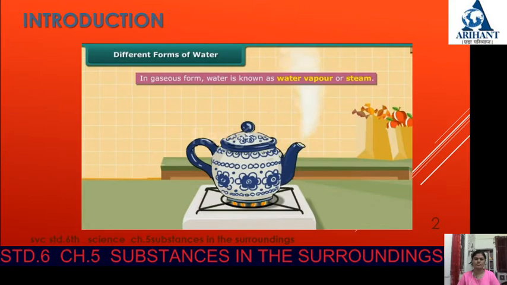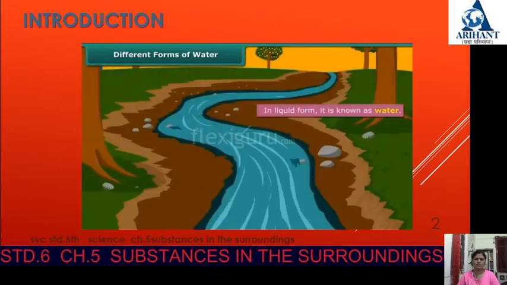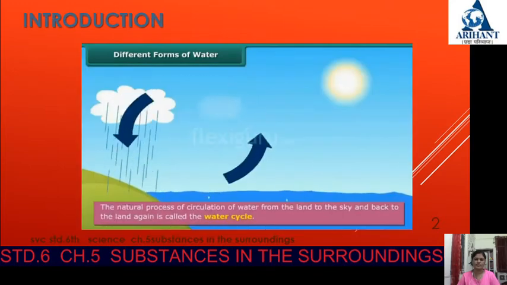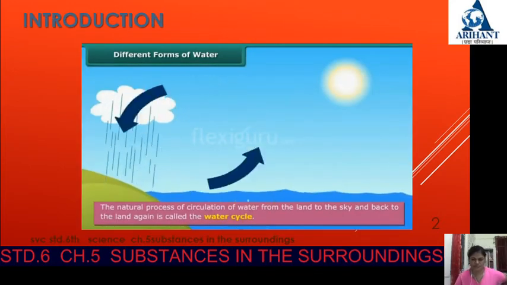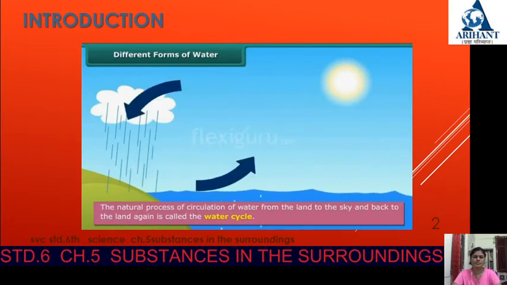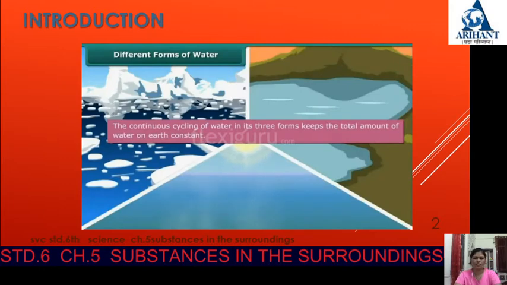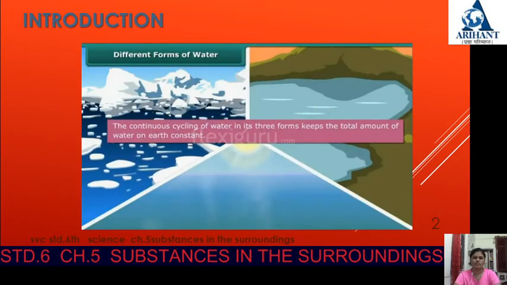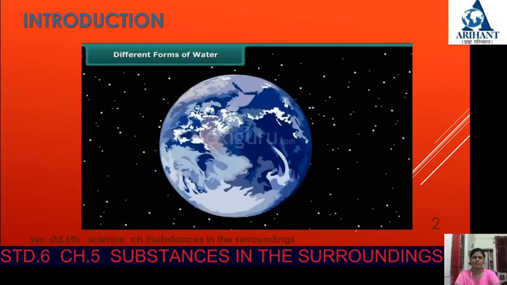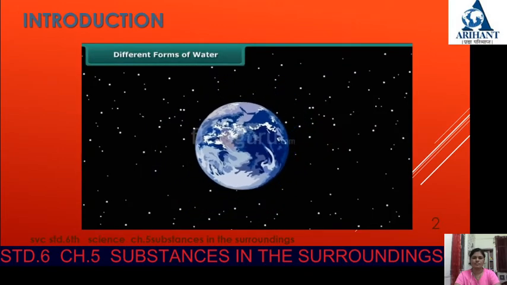But the most common form that water takes is the liquid form. It is in this form that it is known as water. The natural process of circulation of water from the land to the sky and back to the land again is called the water cycle. The continuous cycling of water in its three forms keeps the total amount of water on earth constant even when the whole world is using it.